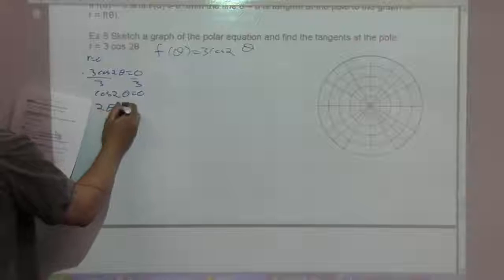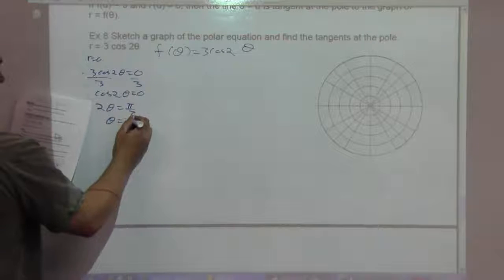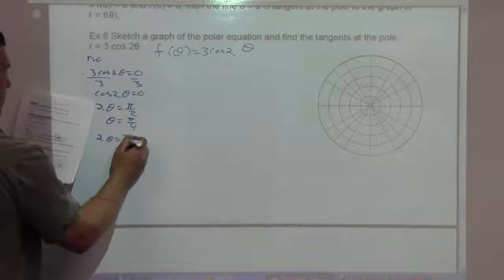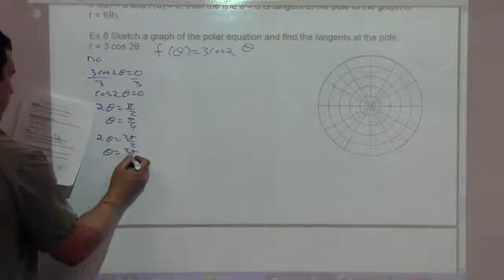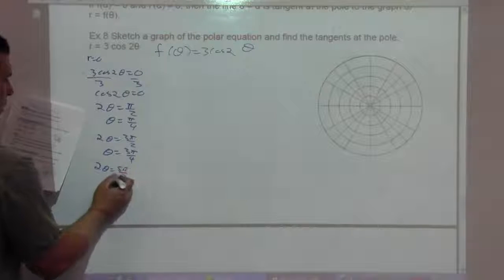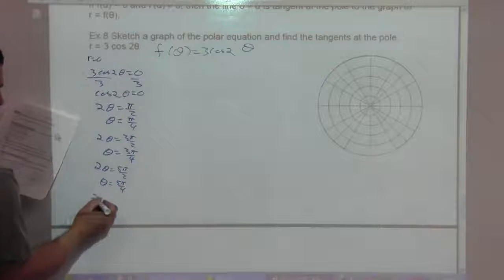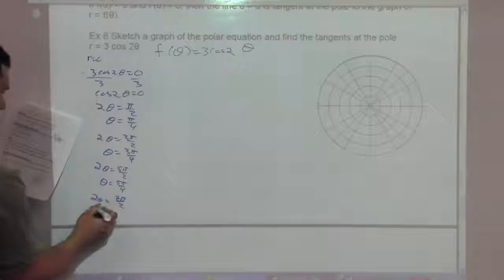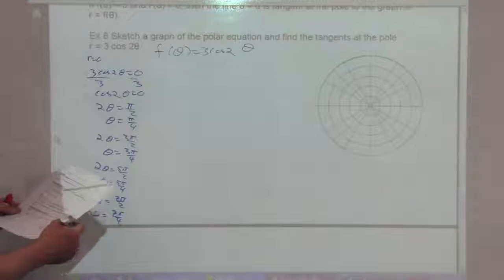It means 2 theta must be pi over 2, which means theta equals pi over 4. Or 2 theta must be 3 pi over 2, which means theta is 3 pi over 4. Could also mean that 2 theta is 5 pi over 2, which means theta is 5 pi over 4, and 2 theta is 7 pi over 2, which means theta could be 7 pi over 4. So these are the places we can check.